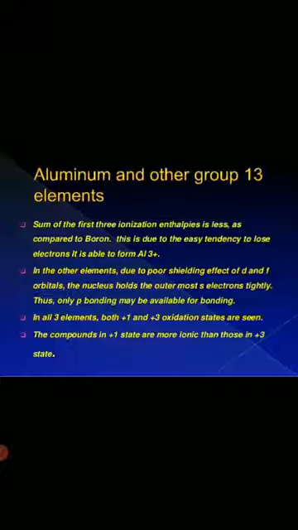Since the s electrons are tightly held, only p electrons will be involved in bonding. In all three elements, aluminium, gallium and indium, both +1 and +3 oxidation states are shown. The compounds in the +1 state are more ionic than those in the +3 state.